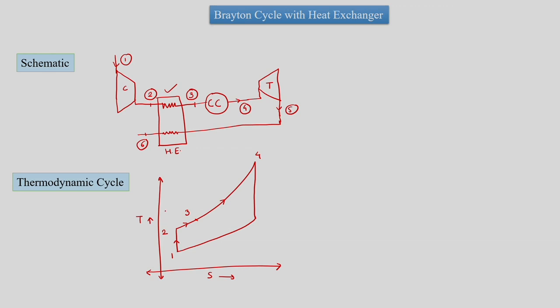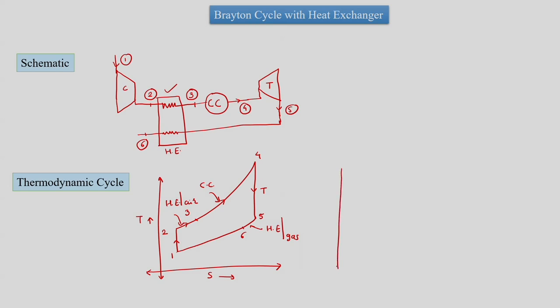We should note that the pressure in the heat exchanger and the pressure in the combustion chamber are the same, and both are constant pressure heat interactions. 4 to 5 is the turbine, and 5 to 6 is heat transfer in the heat exchanger on the gas side, and this is the air side. 6 to 1 is heat rejection, and again the pressure at 5, 6 and 1 is the same.